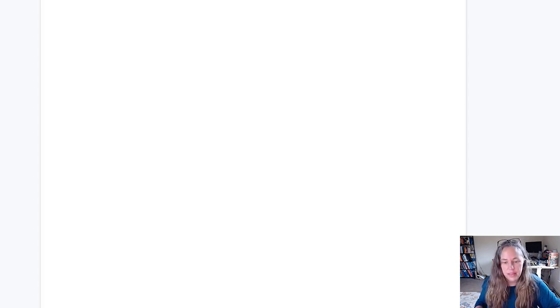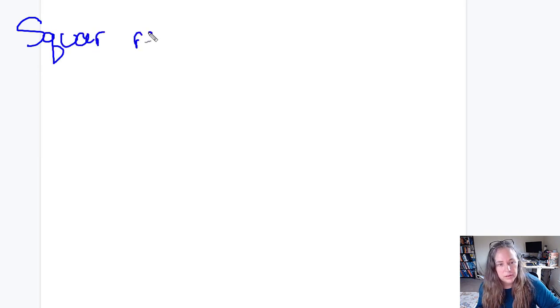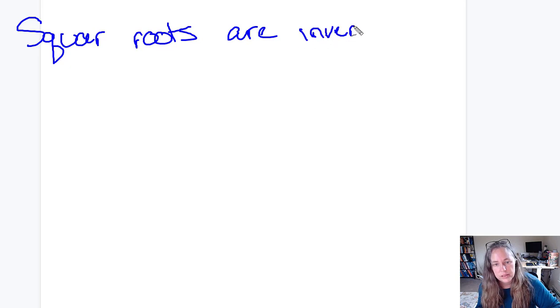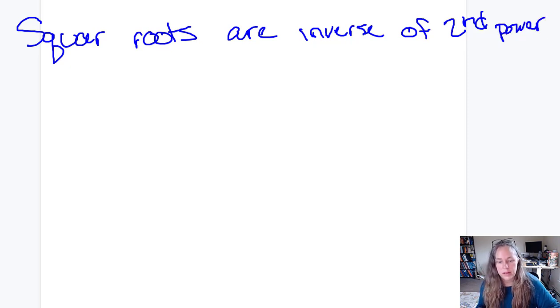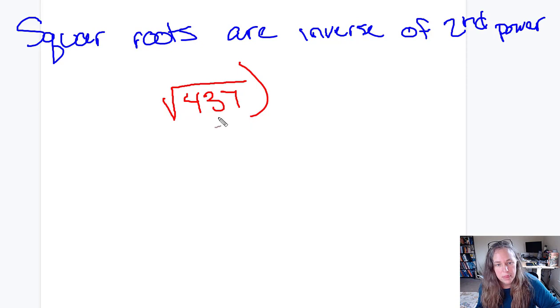The other thing that we saw was that square roots are inverse of the second power. And a lot of you guys commented on that in your video response form. So, for example, if you have the square root of 437 squared, the square and the square root cancel each other out.